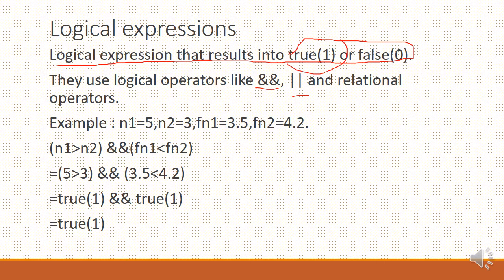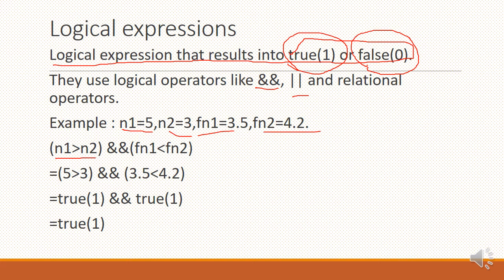Always the answer for a logical expression is true or false. Here is the example: n1 and n2 are integer values, n1 is equal to 5 and n2 is equal to 3. fn1 and fn2 are float values.